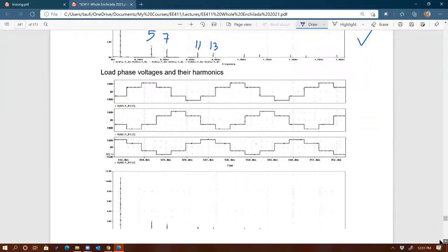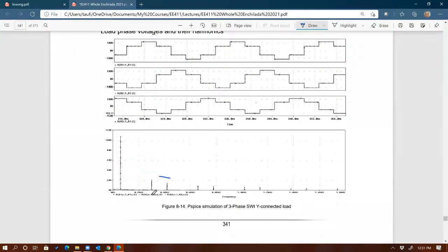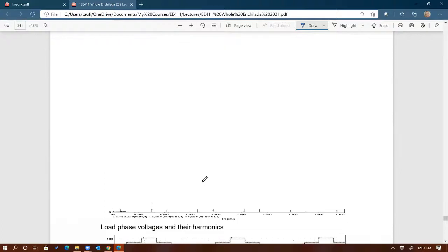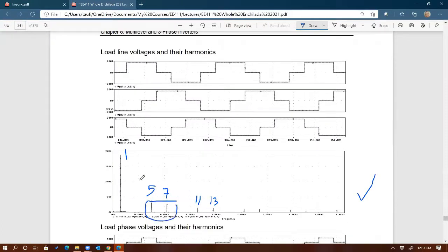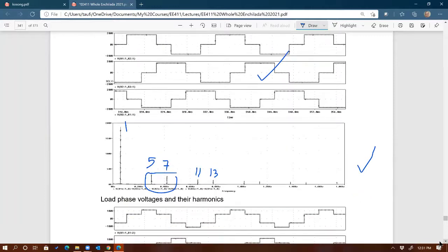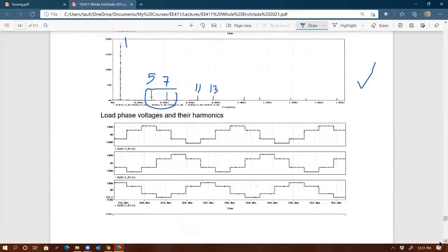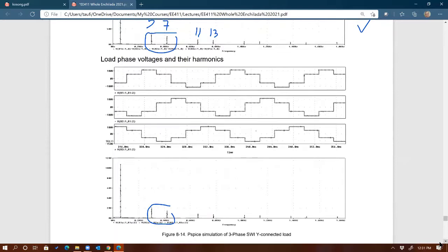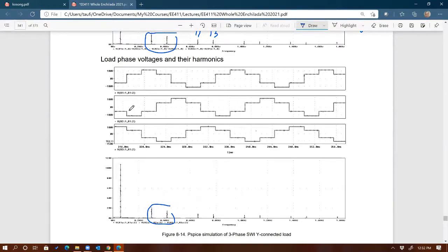But if you look at the levels, this is smaller. It looks smaller, relatively speaking, compared with the fundamental. If you normalize all of these harmonics with respect to the fundamental component, the line-to-line voltages would have bigger harmonic levels than the phase voltages, and that should make sense because of the shape.